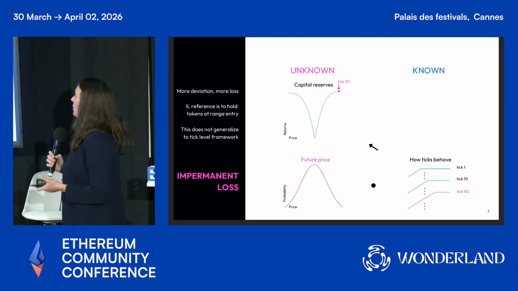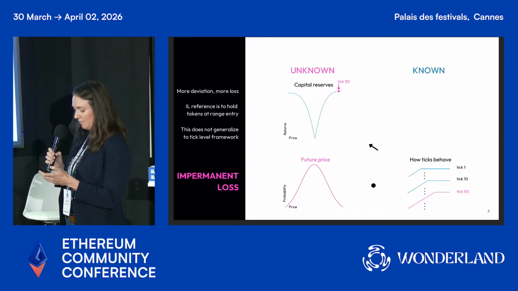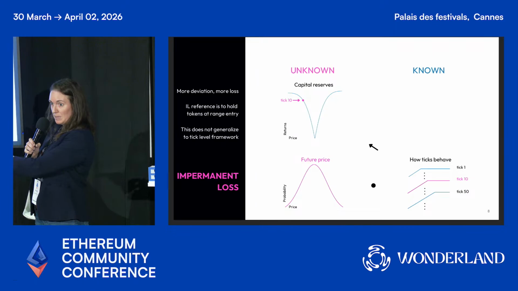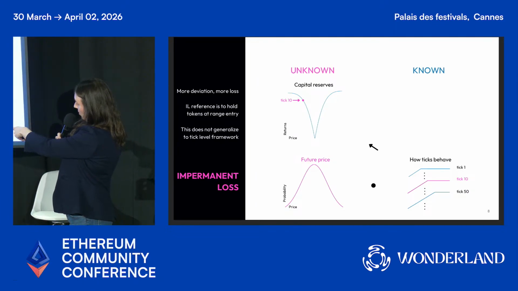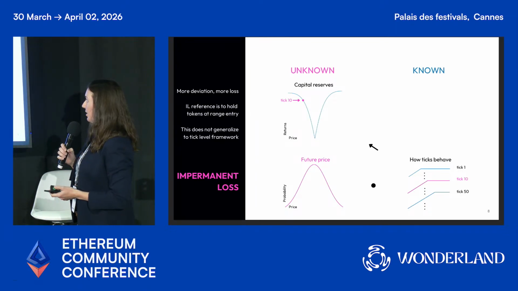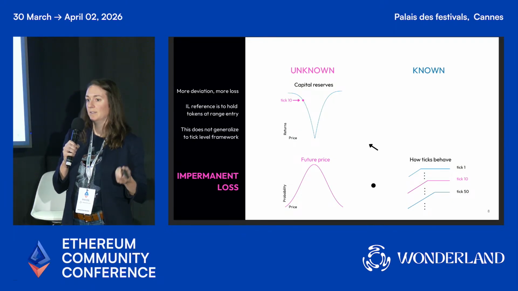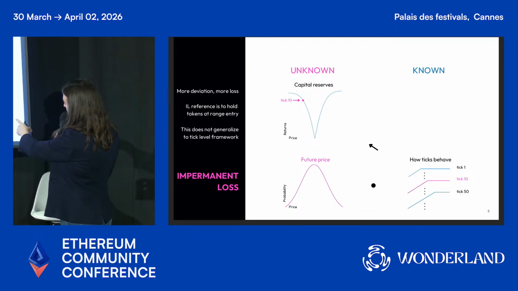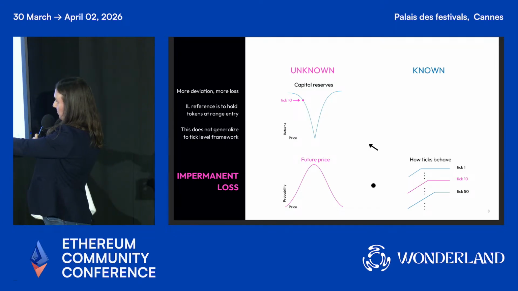In order to calculate capital reserves, we have to have an estimate of what we think the future price will be when we close the LP position, and we need to look at what the ticks will do at those different prices. If we're calculating capital reserves for tick number 10, say, then it's the inner product, or the expected value, of my capital reserves in tick 10 as an expectation over future price.